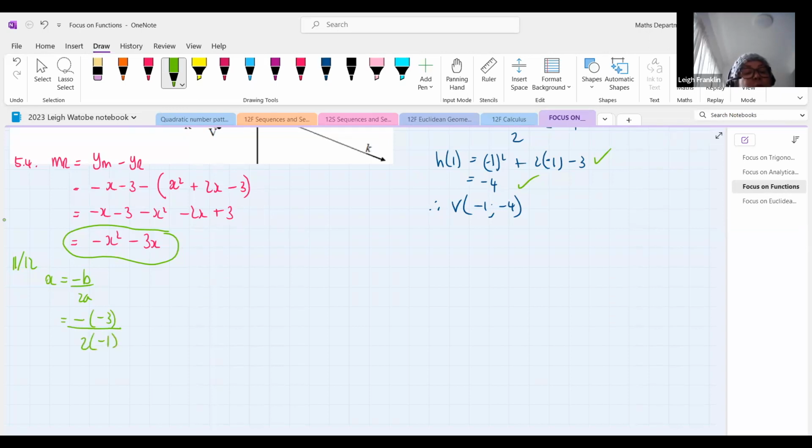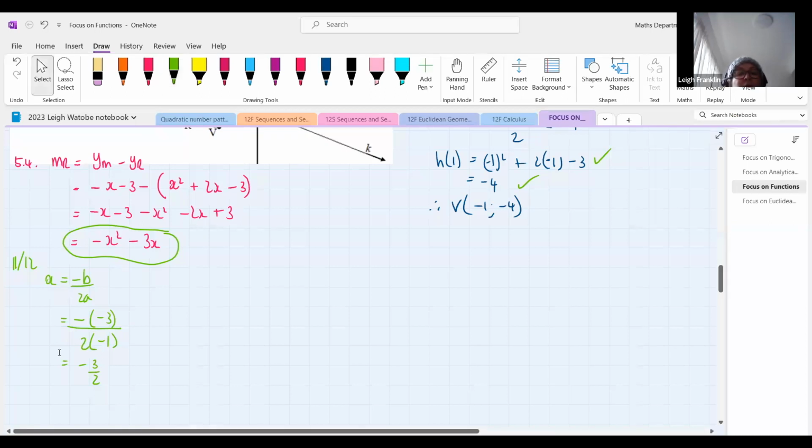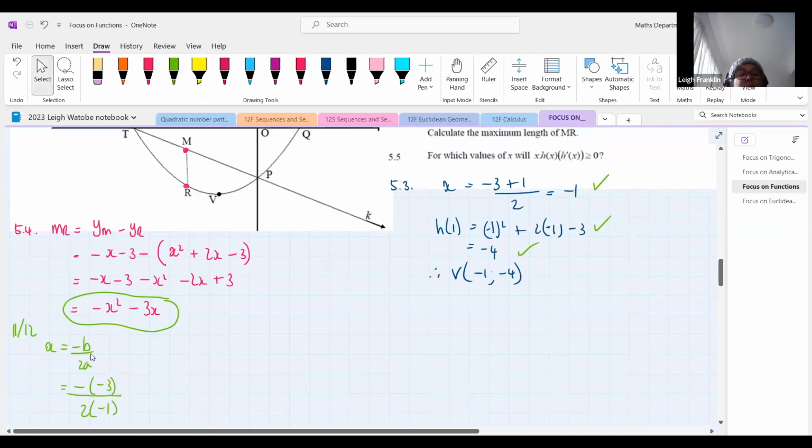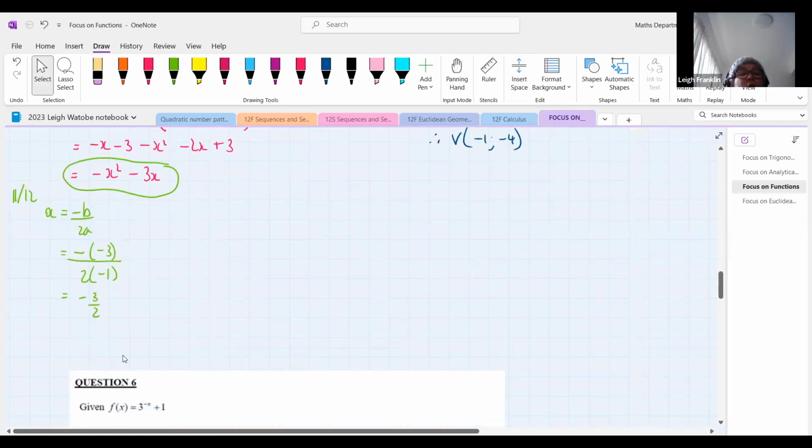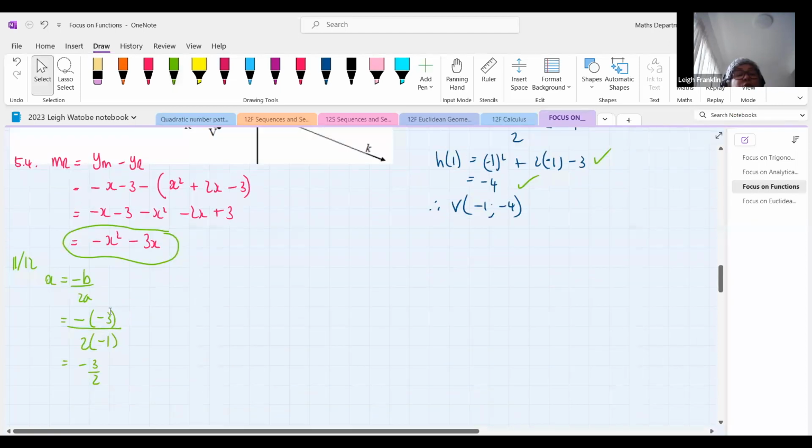A is equal to negative 1 in this case. All right, so negative times a negative divided by a negative would be minus 3 over 2. So now I have worked out the value of x when MR is at its longest point. Okay, so MR will be its longest when x is a value of minus 3 over 2.